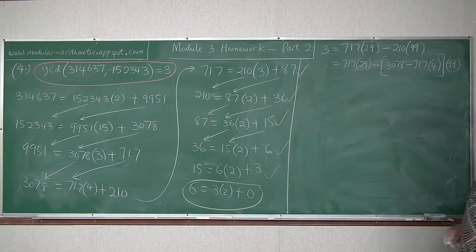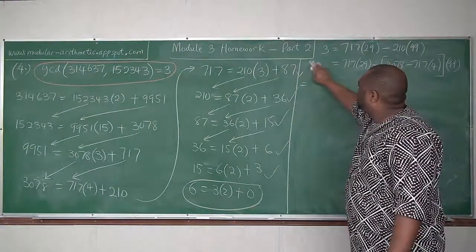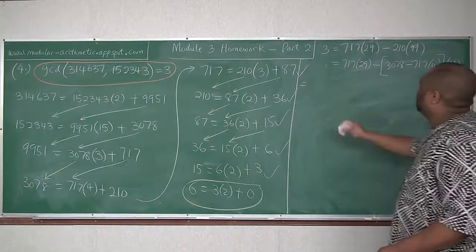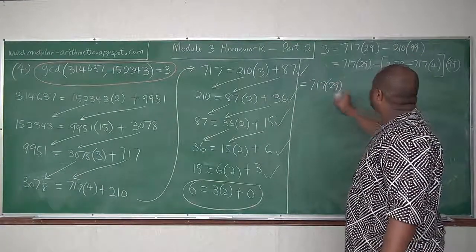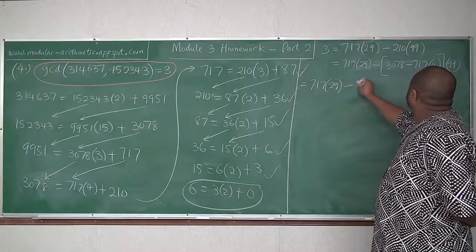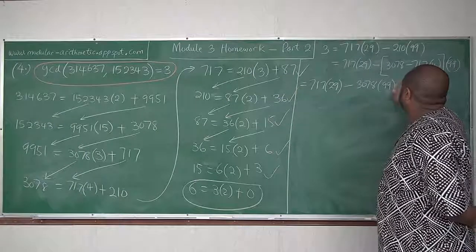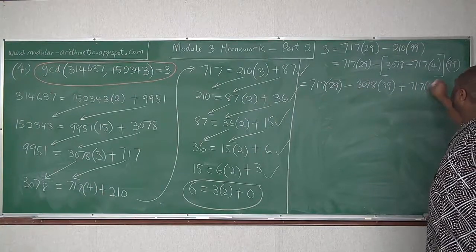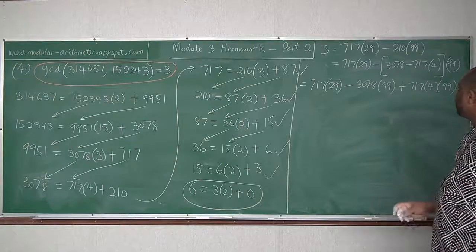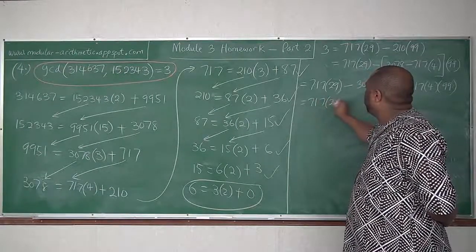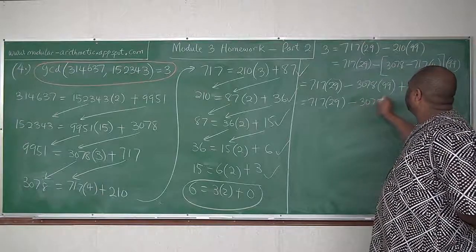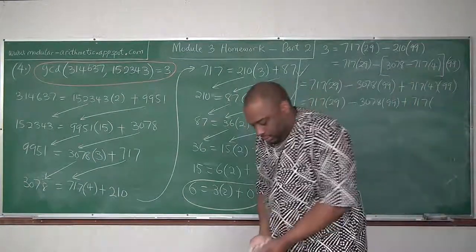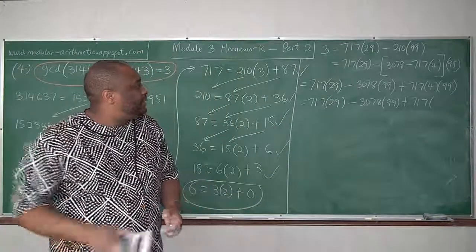I need space, so this will give me 717 times 29, then we distribute: minus 3078 times 99, minus times minus is plus, plus 717 times 4 times 99.